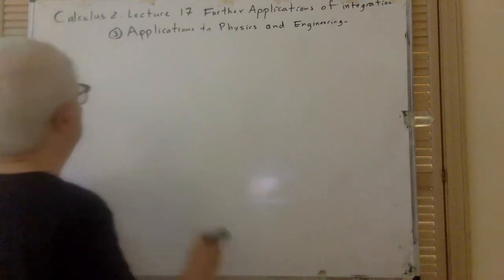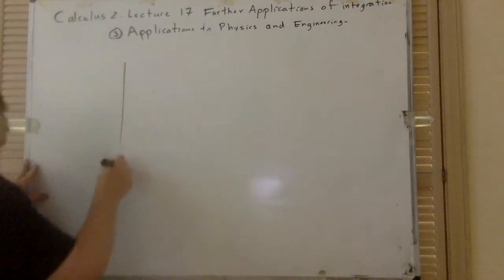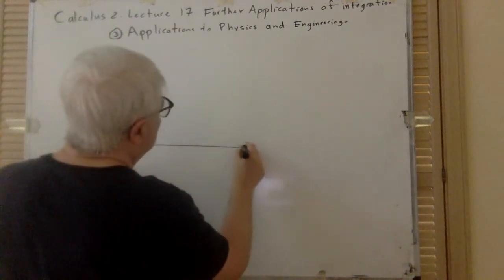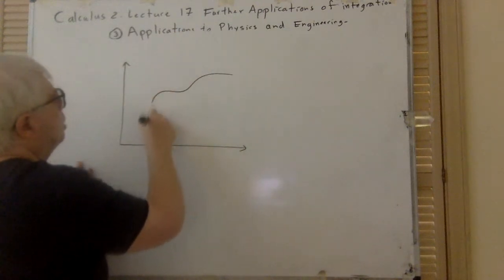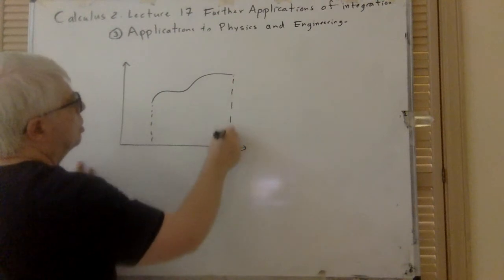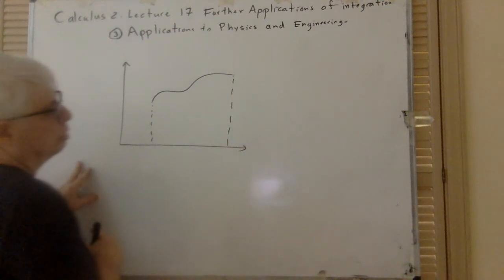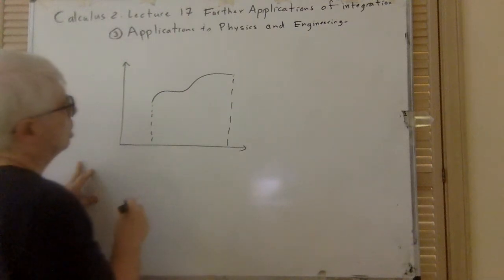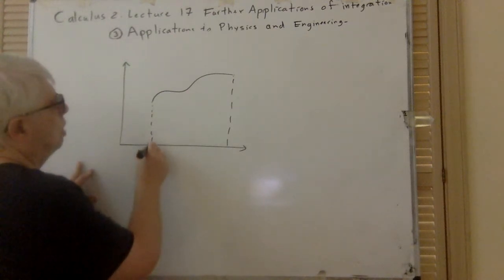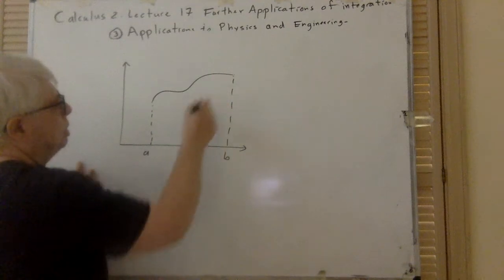Okay, so what we do is, at this level, we only find the center of mass of a region under the graph of a function or between two graphs. So this is case 1, which is the center of mass of this region omega.